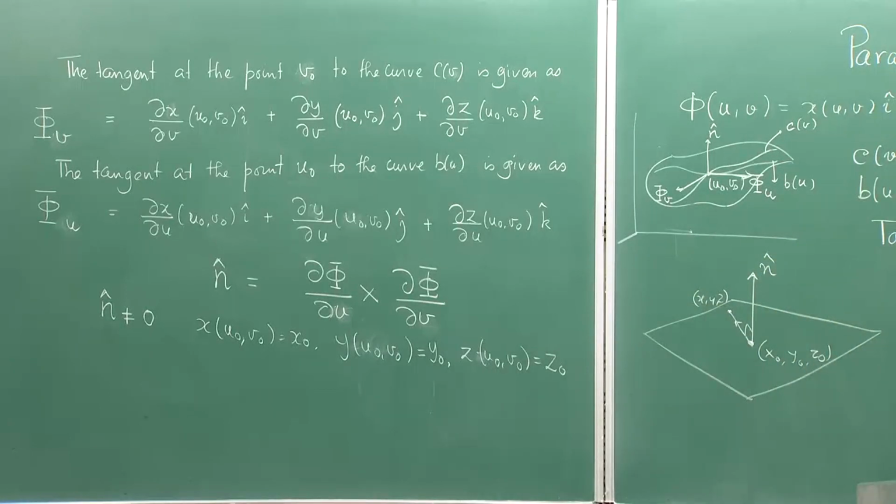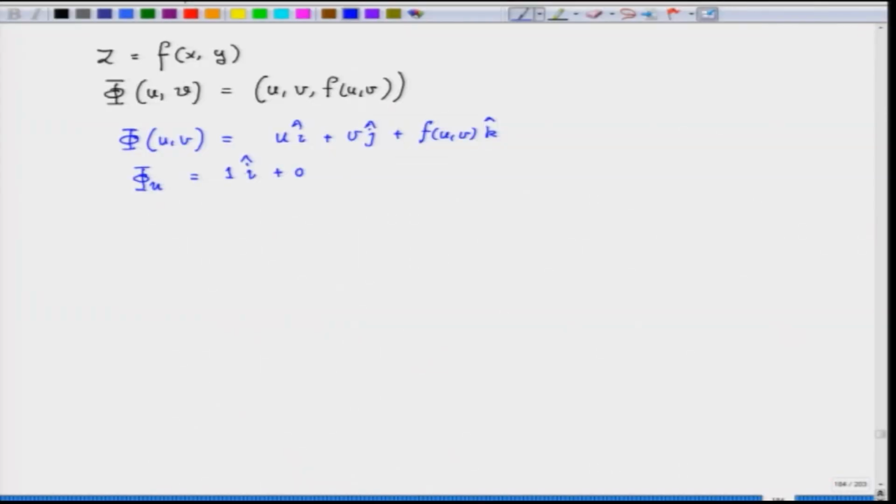Okay, so let us take here phi of u is 1 times i vector plus 0 times j vector, and del f del u evaluated at u naught v naught times k vector, and phi of v is 0 times i vector plus 1 times j vector plus del f del v at u naught v naught times k vector.